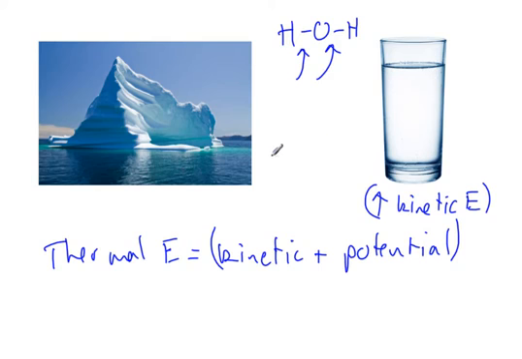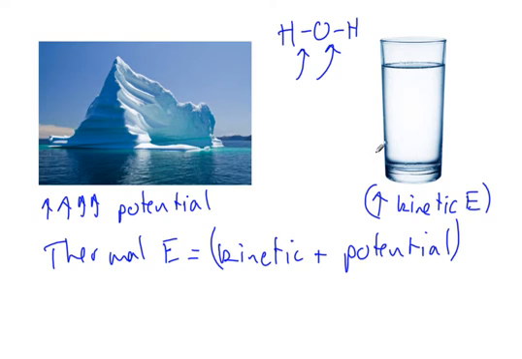So now you have to consider which of these situations has more hydrogen-oxygen bonds, because that's where the chemical potential energy is. And clearly it's the iceberg with so many more molecules. So in terms of thermal energy, the iceberg would have a much larger thermal energy than the glass of water, because it has a much larger mass, much larger potential energy stored in the many more bonds.